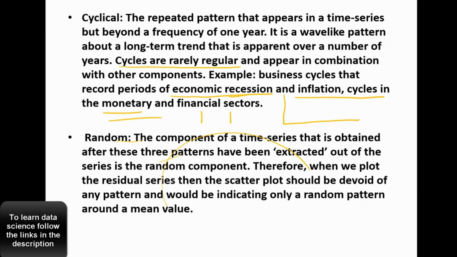Cycles are not regular. That means you don't see them at very regular intervals of time. It's also related to a number of other factors, like economic recession, inflation, monetary policy changes in the country, and so on. So some factor really affects this. It's not just because of something like festivals. Festivals are already pre-decided, right? But budgets are not. The decision of coming up with a new budget is actually random, right? Government decides when it's going to come up with a budget.